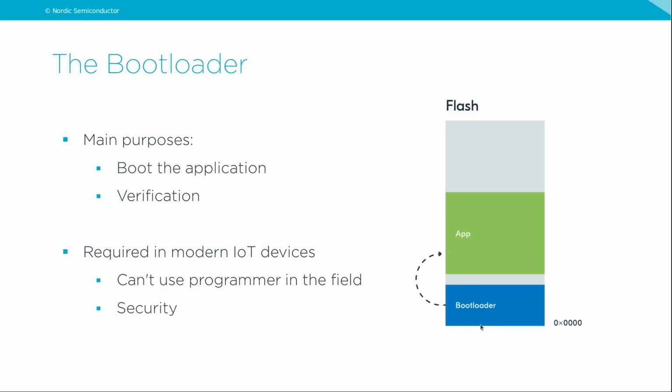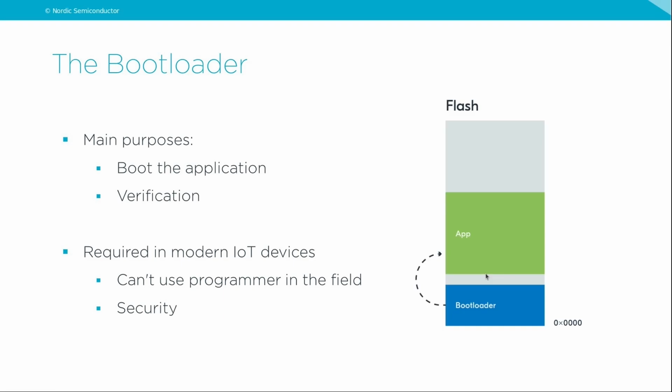Now, when we have this bootloader at the start, which cannot be changed, and I'll talk about why it cannot be changed later, but we assume that it can't be changed for now, we can update the application, which is one of the large reasons to why you want a bootloader, to enable for DFU. But we'll get to DFU later. And DFU stands for Device Firmware Update, by the way, if you haven't heard that before.